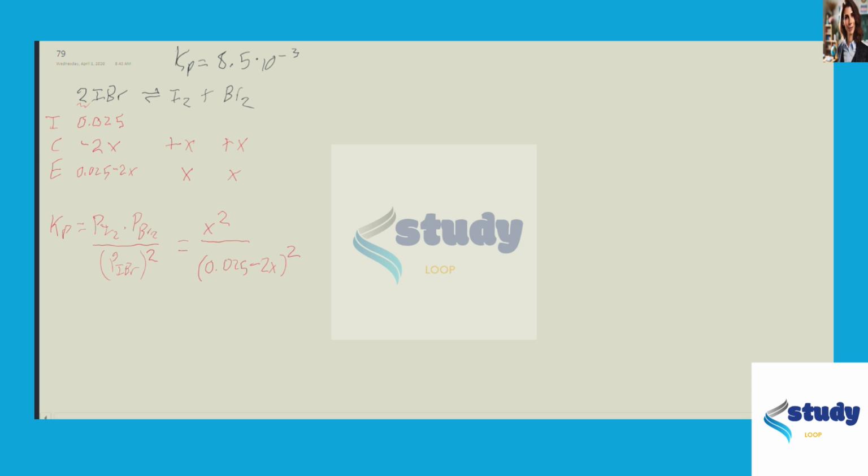Additionally, we know what Kp is. Kp is a number, 8.5 times 10 to the minus 3. So now we're going to multiply over this denominator, as well as FOIL it out, since we have to square it by itself.